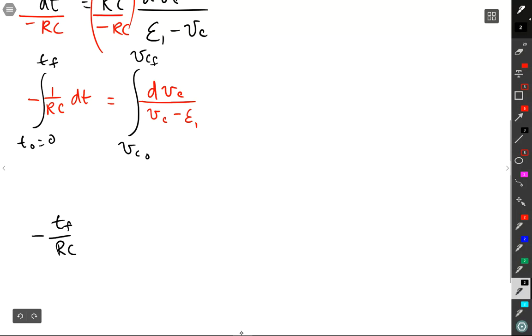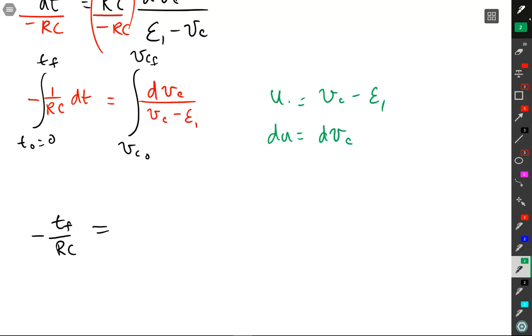The right side, if you are me, you do a U substitution. You say U is equal to VC minus epsilon 1, which means du is equal to dVC. I divided by the minus, so I would have du equals dVC instead of minus dVC.